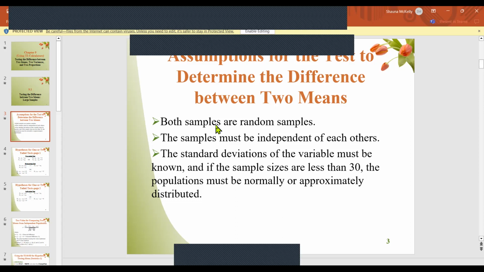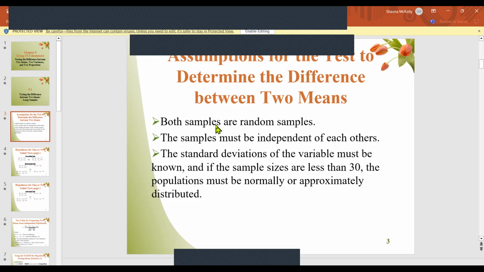The second assumption is that the samples must be independent of each other. Those are very common. And then the standard deviation of the variable must be known, so we have to know sigma. But if the sample size is less than 30, the population must be normally or approximately normally distributed.